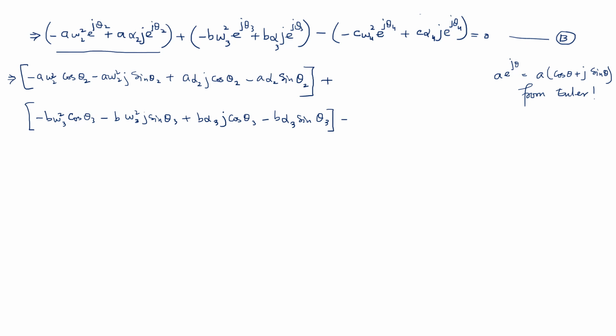Then minus, you have this term, so this is going to be minus c omega 4 squared cos of theta 4 minus c omega 4 squared j sine of theta 4 plus c alpha 4 j cos of theta 4 minus c alpha 4 sine of theta 4 to be equal to 0.